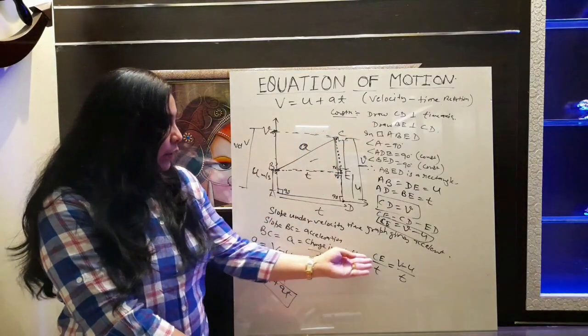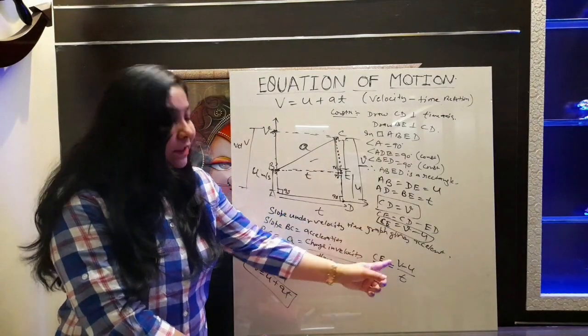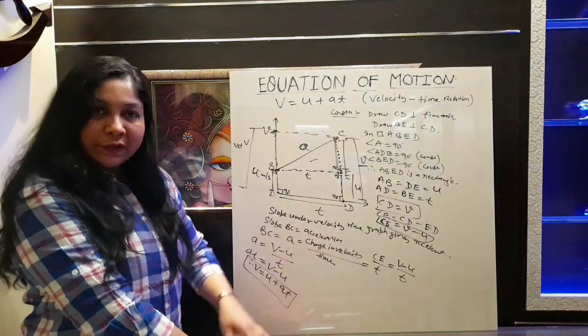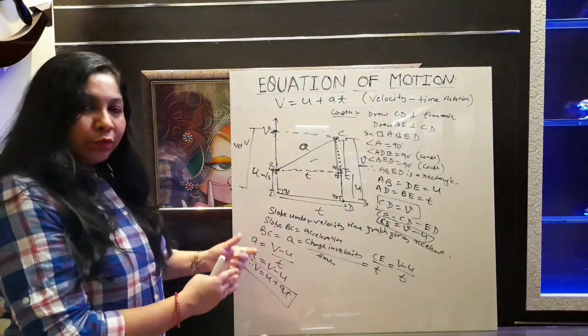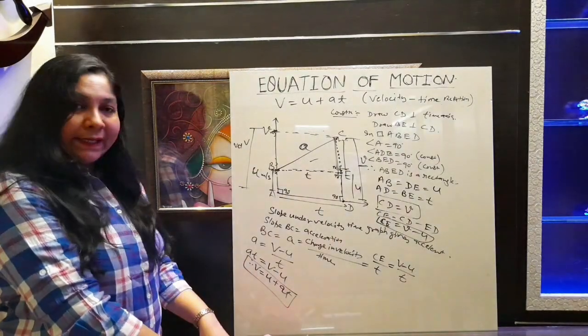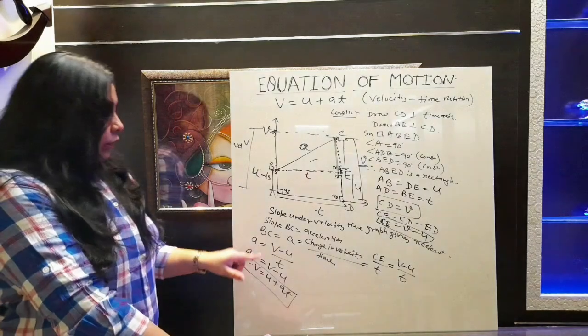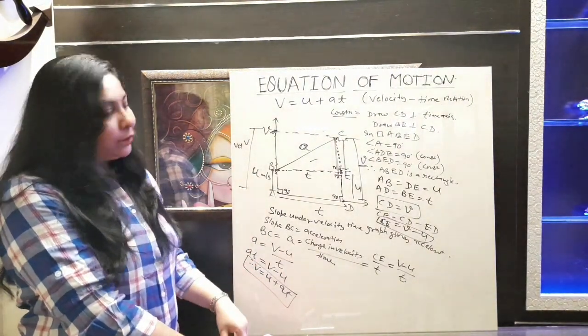So we just put the value of change in velocity as CE, and now substitute the value of CE as V minus U and time as T. Shift the term T this side and U also, and you will get the equation, that is V is equal to U plus AT. Got it? You need to derive it again and again, then only you can understand the concept behind that.